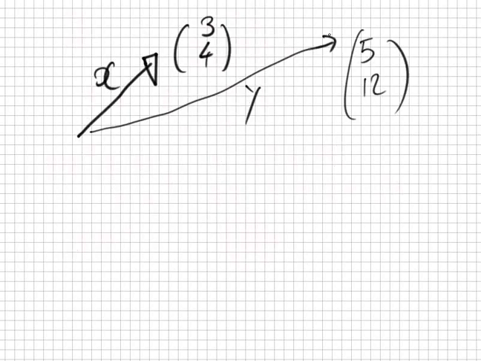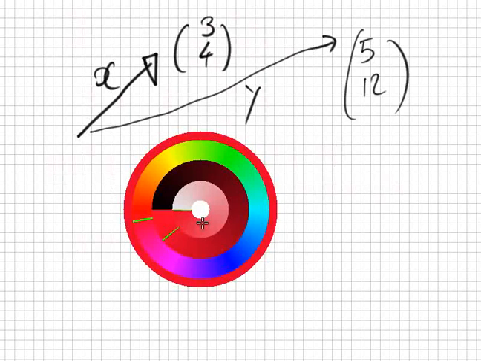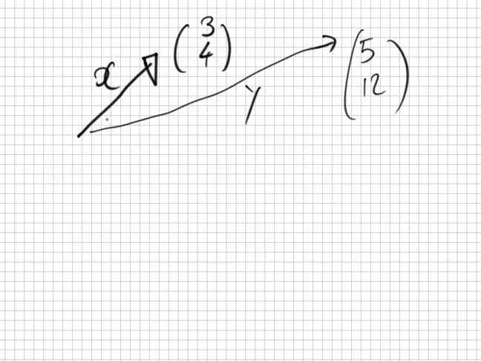And my question is, I have another vector here. Let's call it vector (1, 1). And I would like you to write (1, 1) as multiples of x and y. So in other words, I want you to write (1, 1) as so many x's plus so many y's.